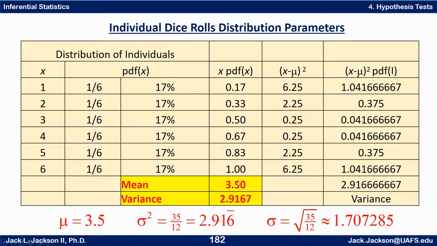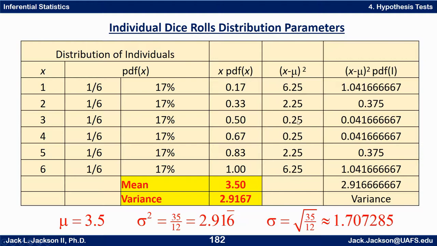Then when we add those up, add up the X times the probability of X, or X times the PDF of X, we get the mean. If you use the repeating decimals, you're going to get exactly 3.5. So 3.5 is exactly the mean. Because of the symmetry, that's also the median.